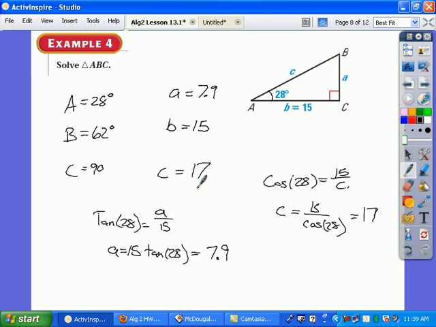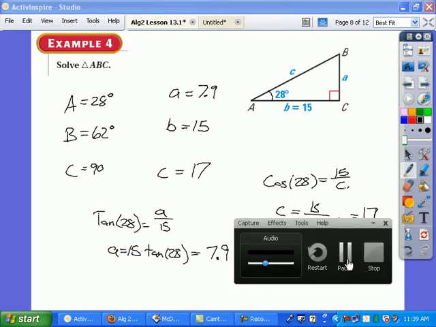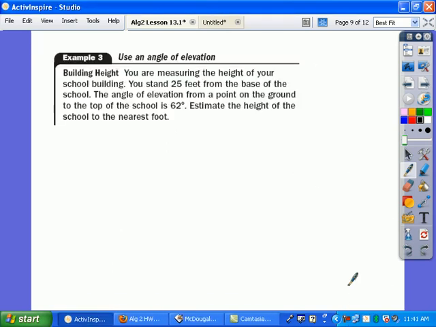All right, so what's nice about this section is that it lends itself well to word problems. If you were to see a word problem on a quiz, my bet would be that it would come from this section. So here we have a student trying to measure the height of a school. And the problem tells us we are 25 feet away from the school.